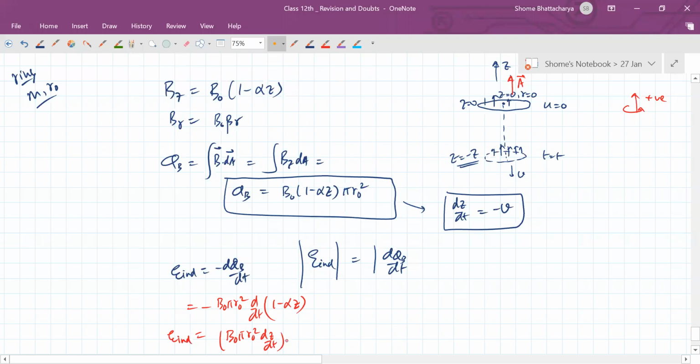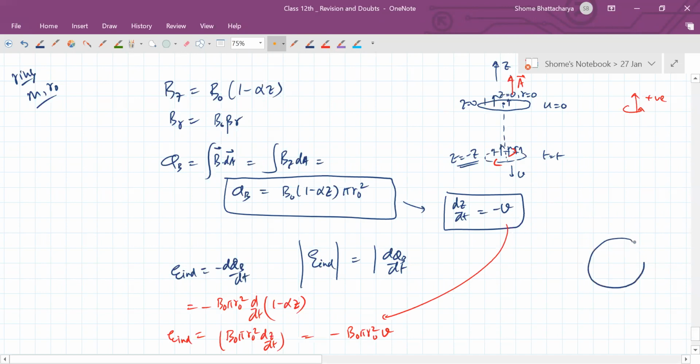But dz by dt is minus v. So this will become minus B naught pi R naught square v, where v is in the downward direction. Which means that, as it makes sense, when I'm seeing from above, I'll see a clockwise current, because the magnetic flux coming out of the plane will be increasing.